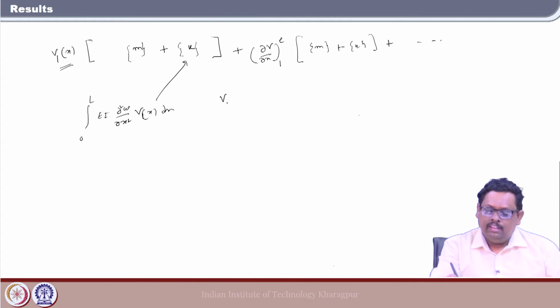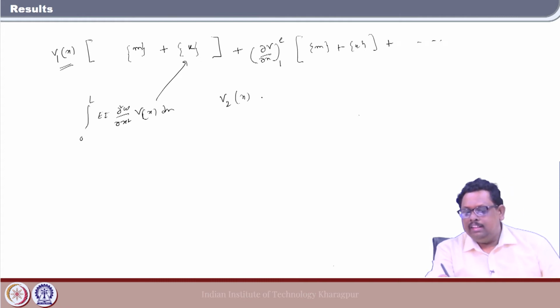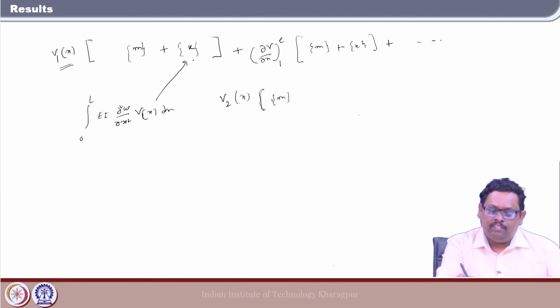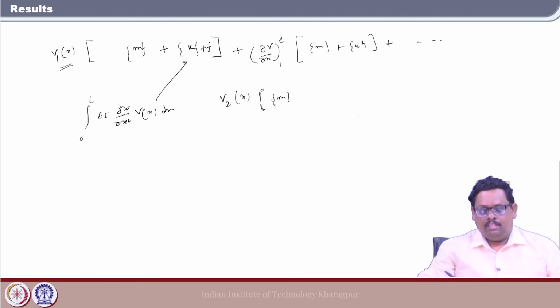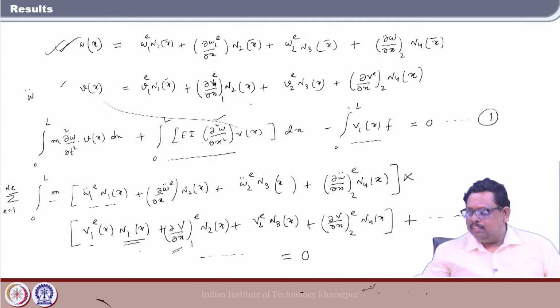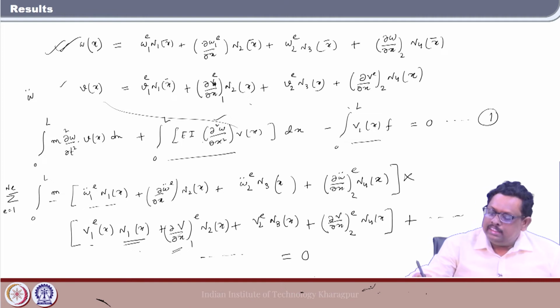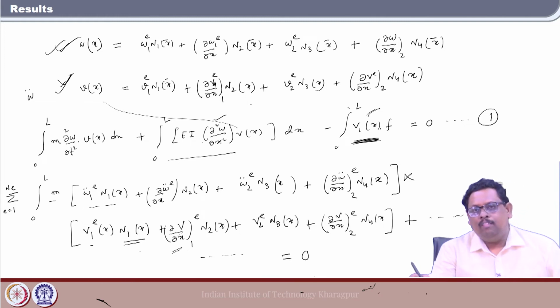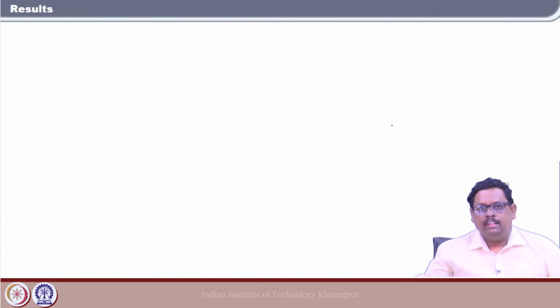So, again you take V 2 x common, and then you have like this M. In fact, you have some term from the external matrix F also, right, because here also, in this equation, if you substitute this V 1 x with this definition, definitely you have some component with this F matrix also, right.